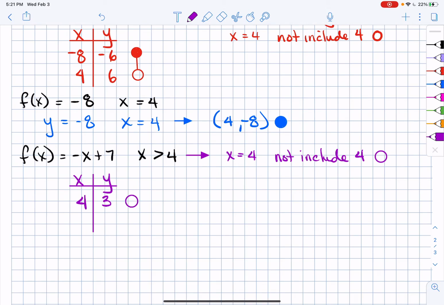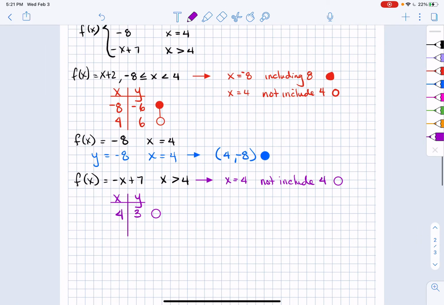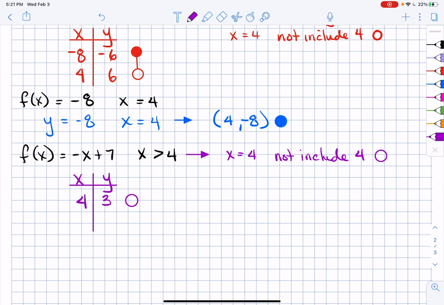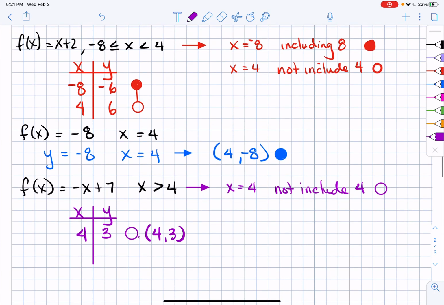All right, so here are my points, right? I have this open circle at 4, 3. I have a closed circle at 4, negative 8. I have an open circle at 4, 6. And I have a closed circle at negative 8, negative 6.